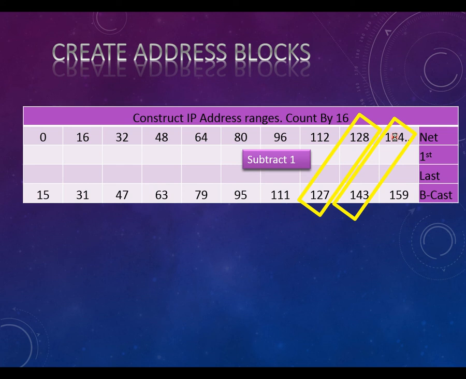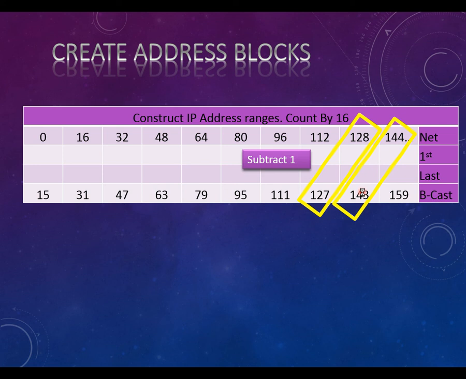Now I drop below that, and below the previous number, which is that 128, I subtract 1 from 144, and now I have my first network and broadcast for the 128 network. So those are my first network and broadcast addresses. This is why we subtract 2 when we are getting our host bits, because we have a network and a broadcast.